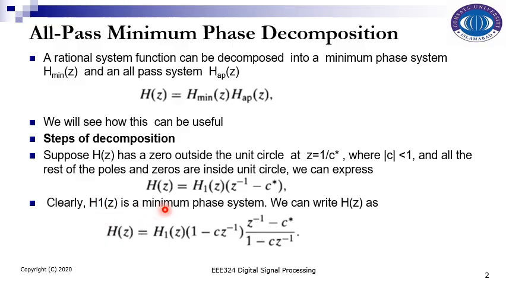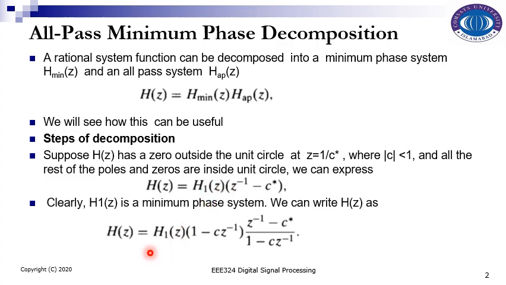Now if we look at this expression, this H1(z) is clearly a minimum phase system. Why is that? Because the zero that was outside the unit circle is this part, and the remaining part must be minimum phase because, as we said, the system was stable, its poles were already inside the unit circle, and the remaining zeros are included in H1(z), and so H1(z) is minimum phase.